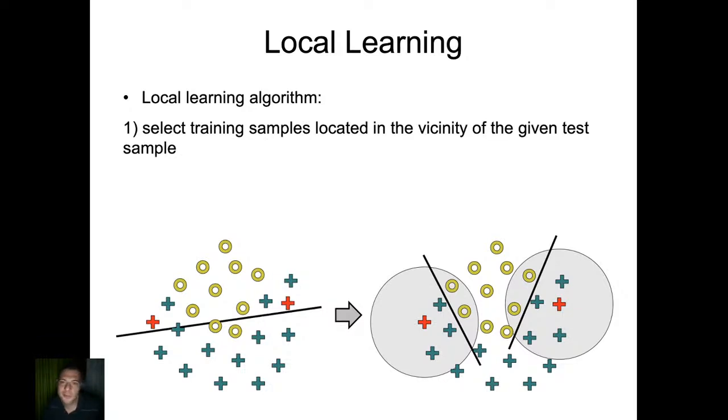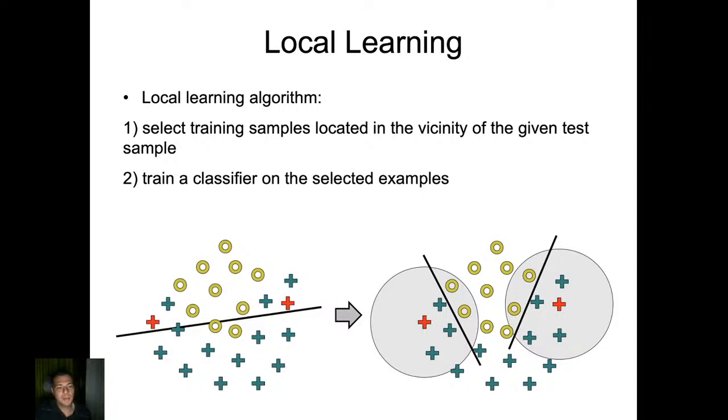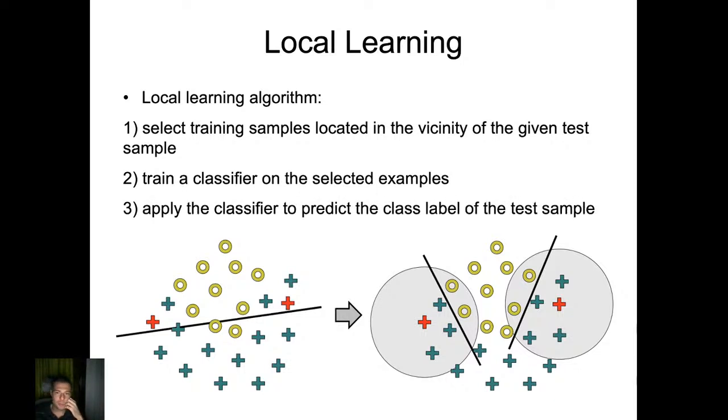So the idea is just to select training samples located in the vicinity of a given test sample, then train a classifier on the selected examples. Once again, the same problems regarding the computational costs may apply here. So in order to select those training samples, you can apply KD trees or edited and condensed nearest neighbors to obtain a more efficient model.